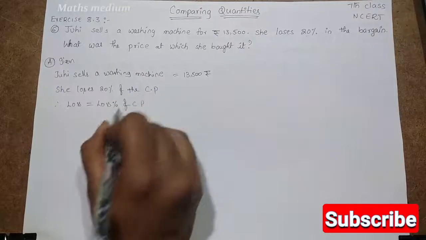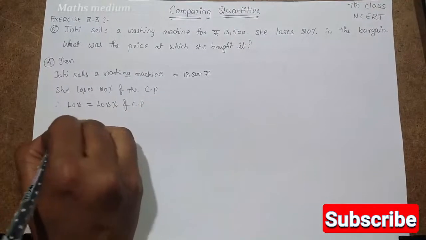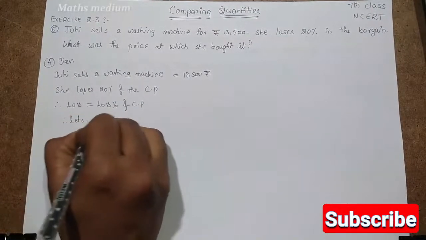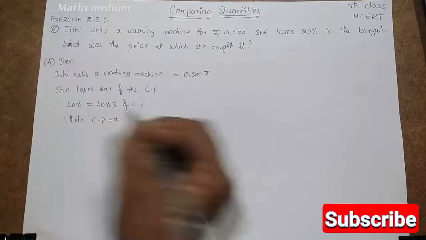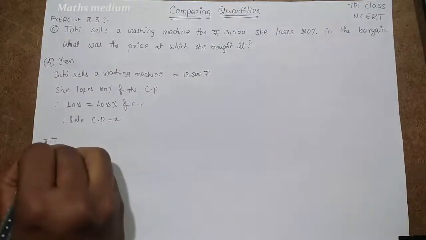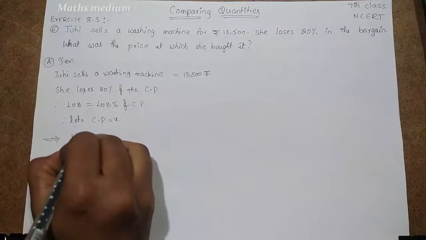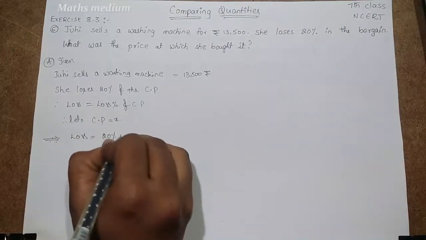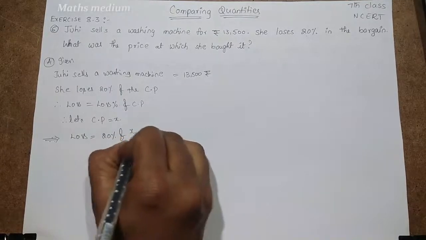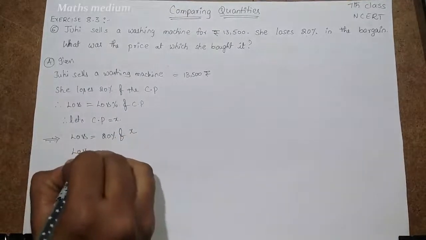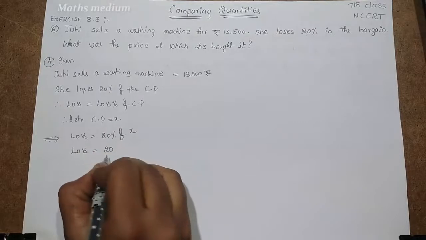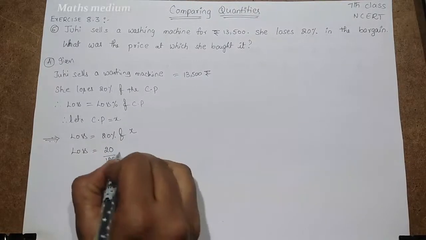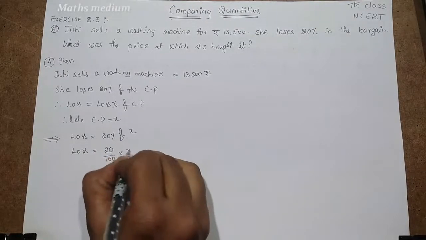So let's take CP is equal to X. Therefore here loss is equal to loss percentage 20% of CP. CP is X. Now loss is equal to 20% means 20 by 100 of, means multiplication symbol, and X.